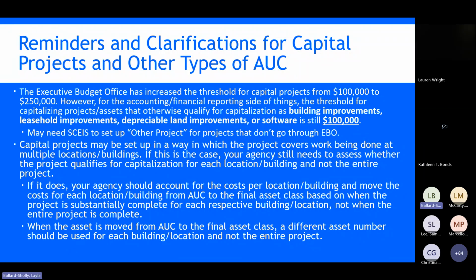Executive budget office increased their threshold for capital projects from 100,000 to 250,000. And that just relates to their process and their approvals. That has nothing to do with the accounting, financial reporting side of things. For the accounting financial reporting side, the threshold for these things remains 100,000. So building improvements, leasehold improvements, depreciable land improvements, or software, still 100,000.